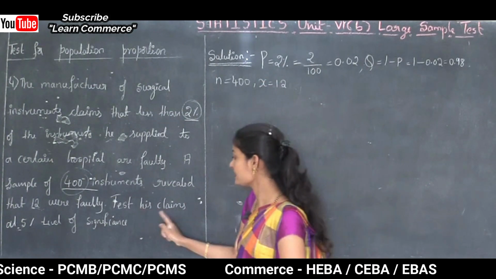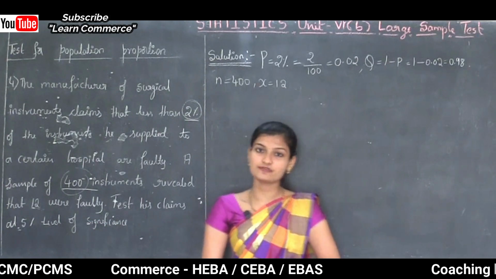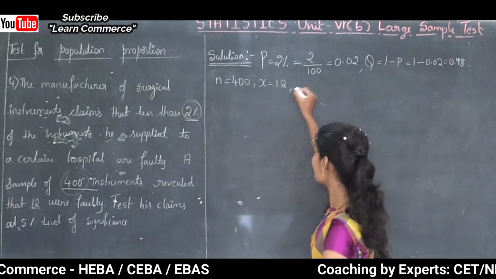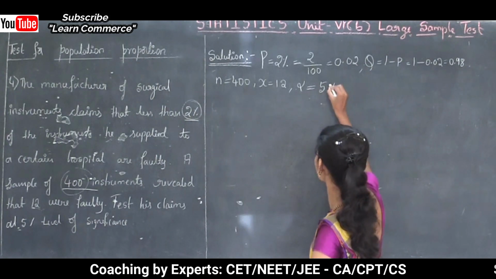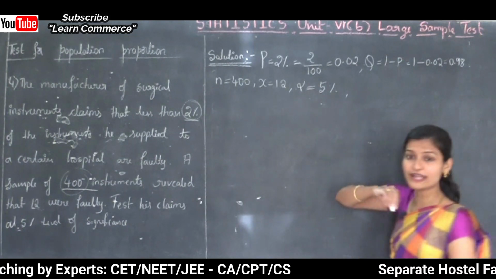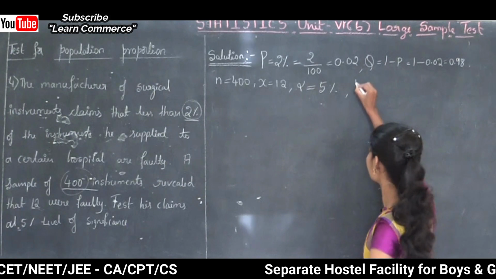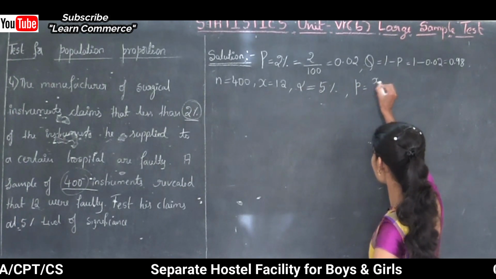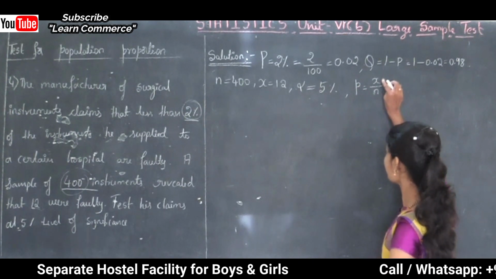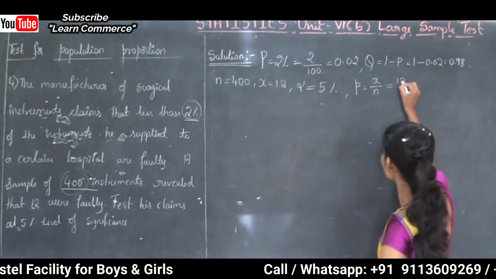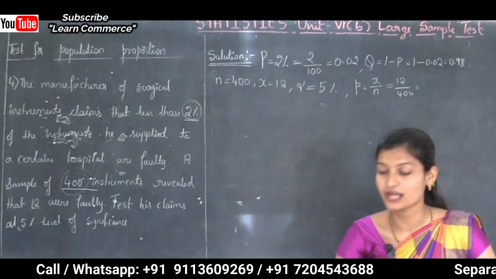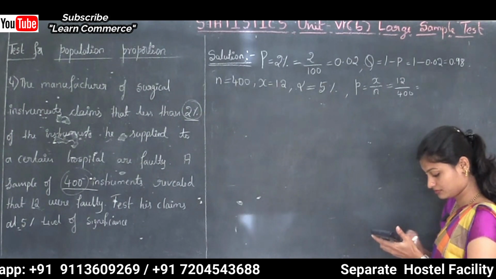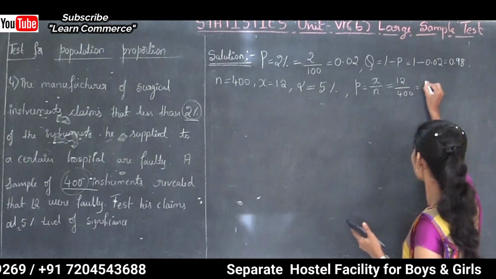Then test his claims at 5% level of significance, and we know that level of significance is denoted by alpha, and this is 5%. And next we need to find one more observation, that is small letter p. So that formula is x divided by small letter n. So here x is 12 and small letter n is 400. So 12 by 400 is 0.03.